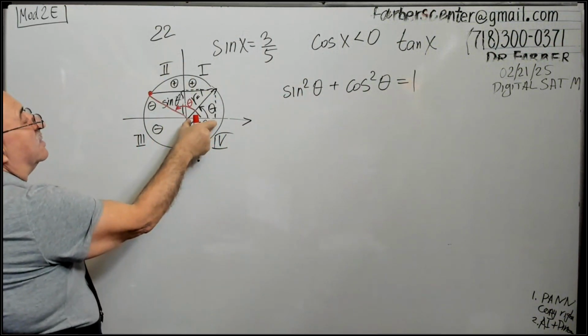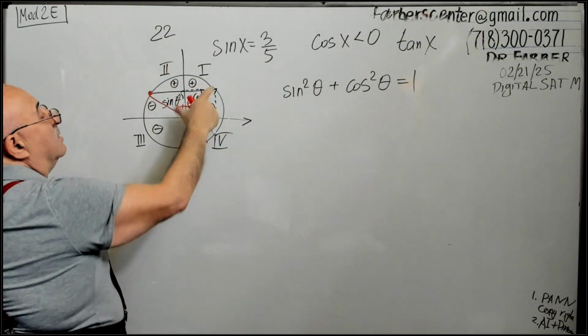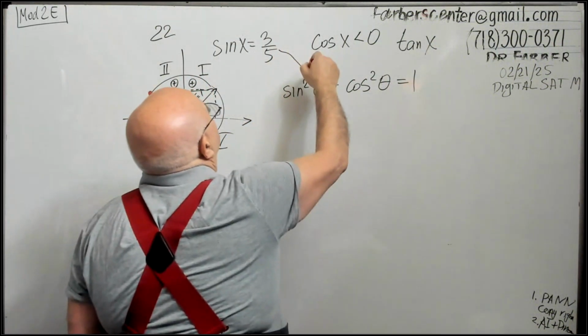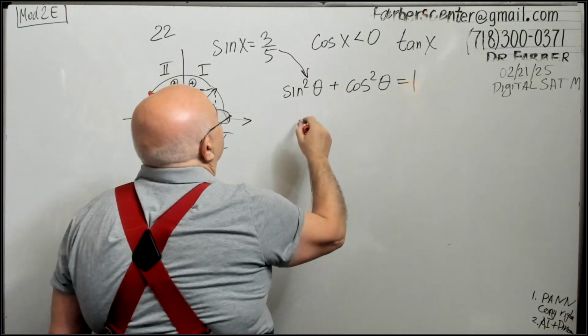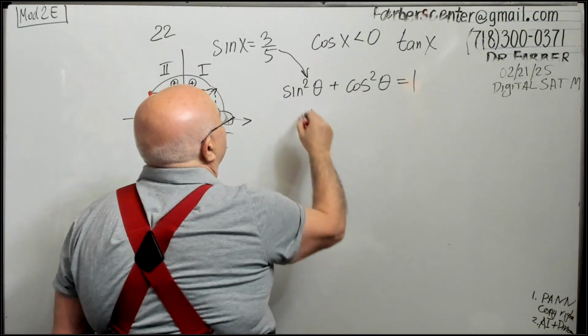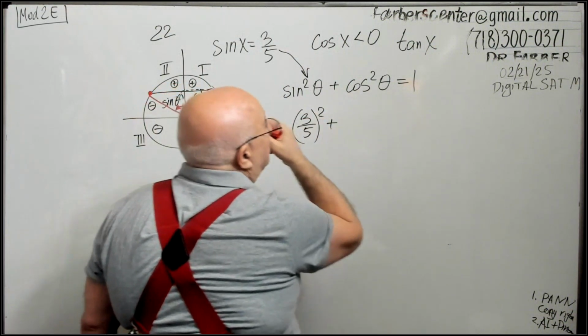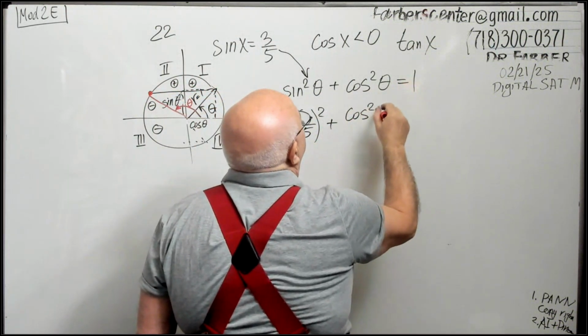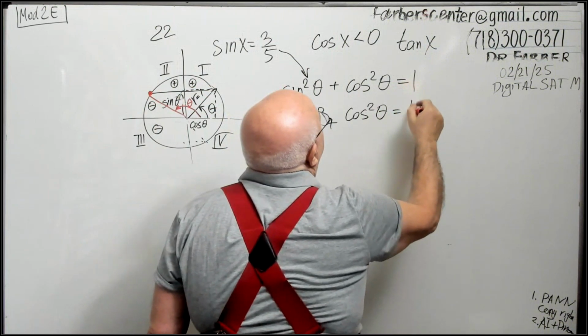Look at this. This squared plus this squared gives you 1. This guy equals 3/5. So 3/5 squared plus cosine squared theta equals 1.